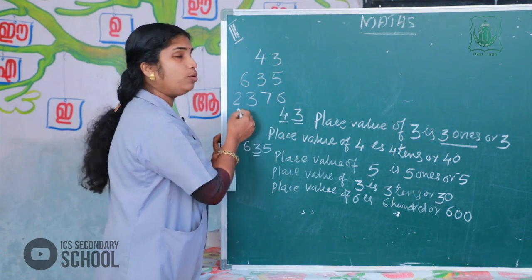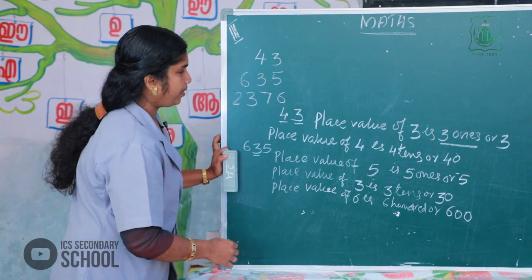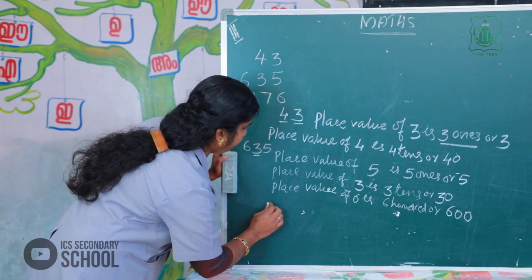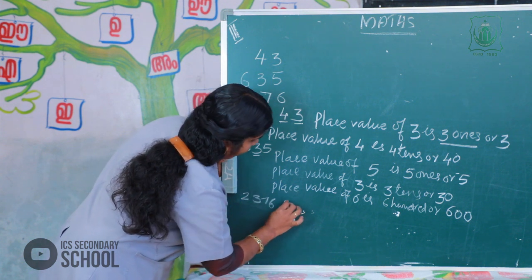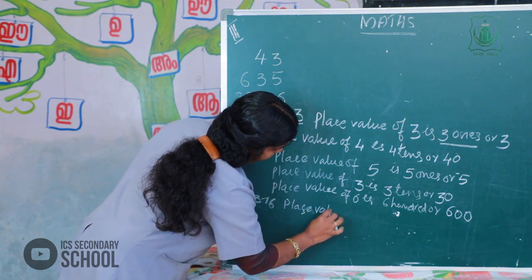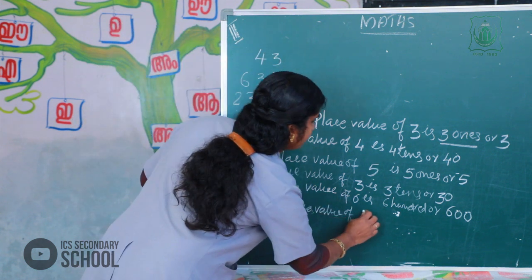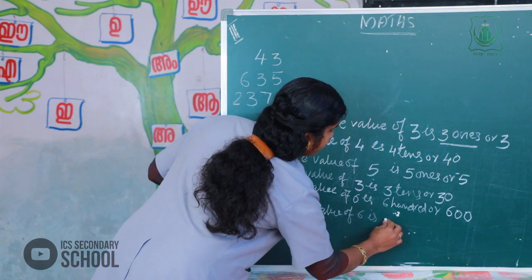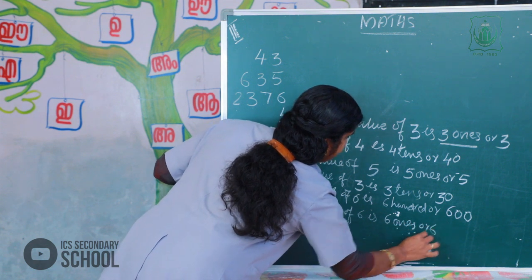2376. In 2376, the place value of 6 is 6 ones or 6.